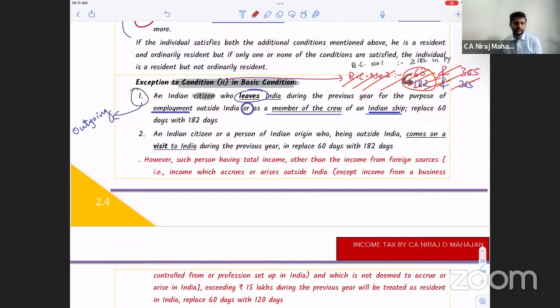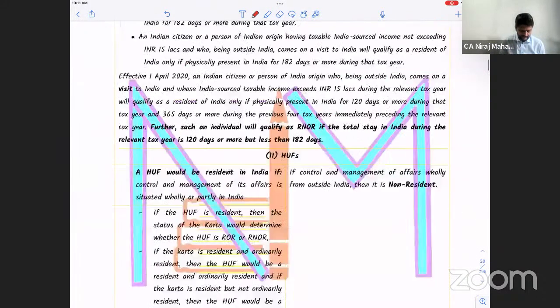So for a member of an Indian ship crew, basic condition number 2 doesn't exist. We only have to check 182. In both cases, the person is resident only if he is there in India for at least 182 days. If that is not satisfied, he immediately becomes NR. Clear? I am going ahead.